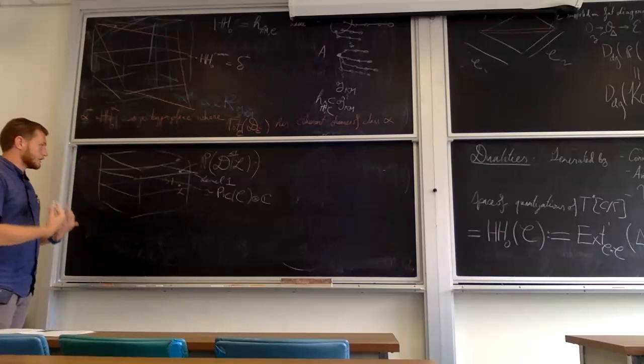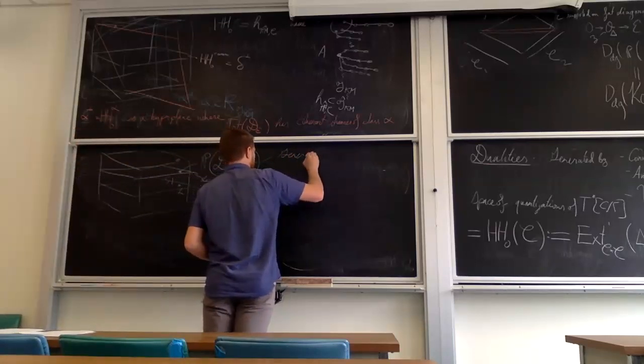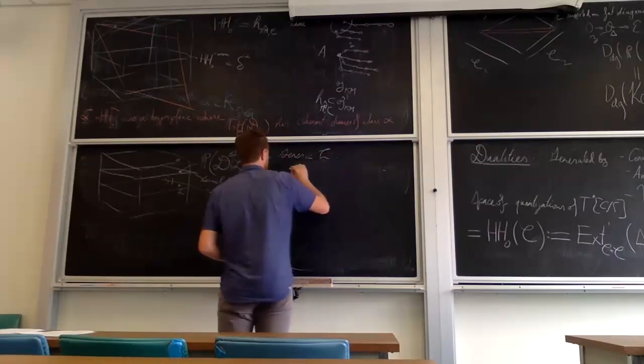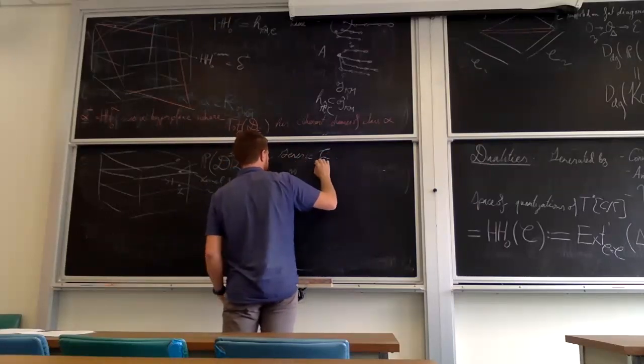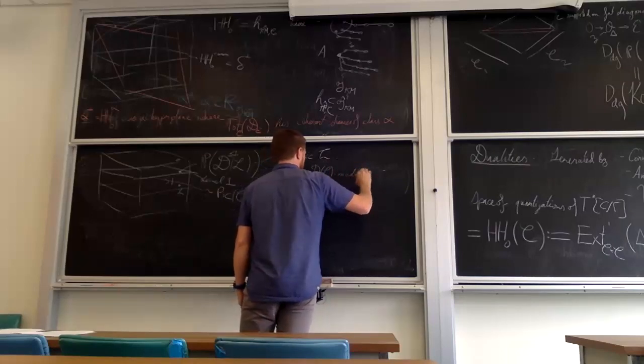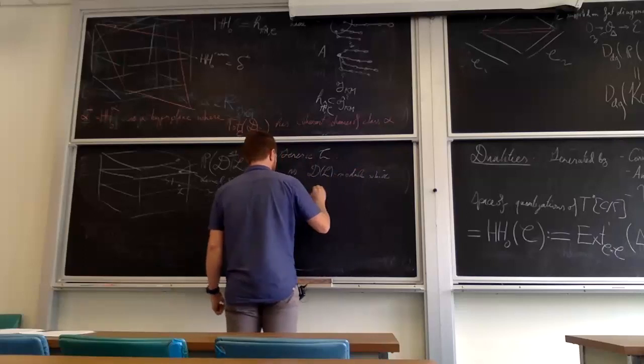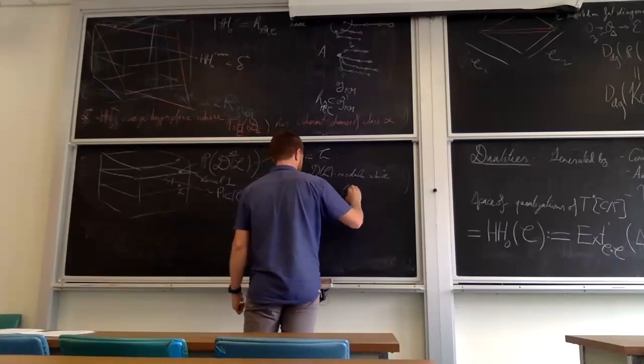And if we take a generic twisting, so generic L, there are no D modules which are also coherent.